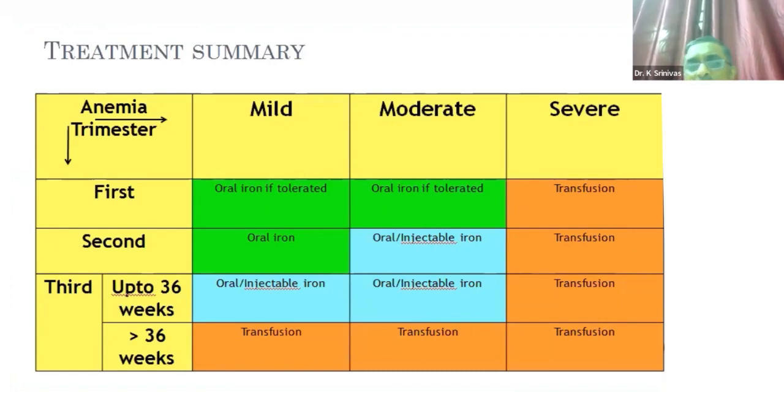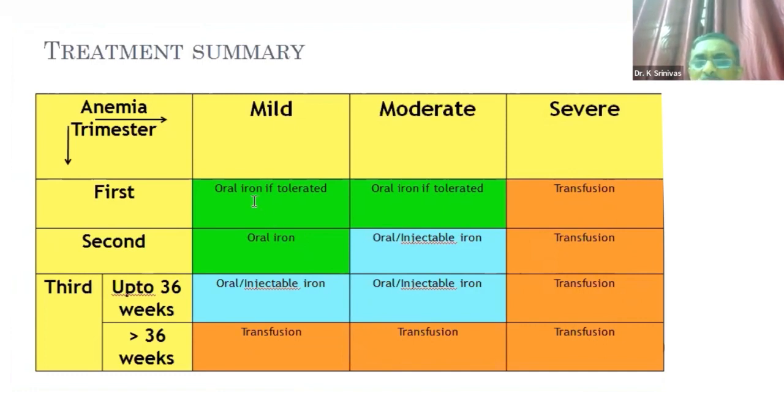Or let me make it very simple now. After 36 weeks, any anemia, blood transfusion. Any trimester, severe anemia, you are giving transfusion. Severe anemia in any trimester, you are giving blood, and more than 36 weeks, you are giving blood.